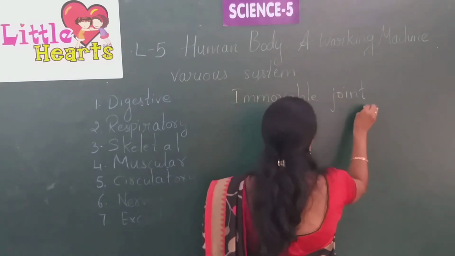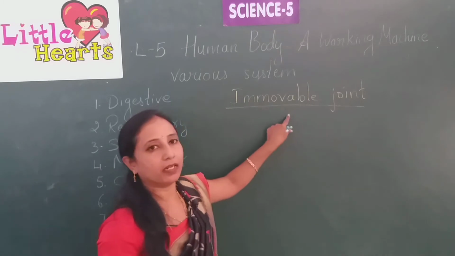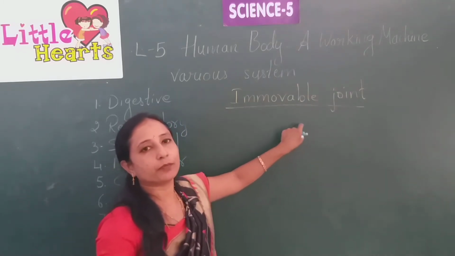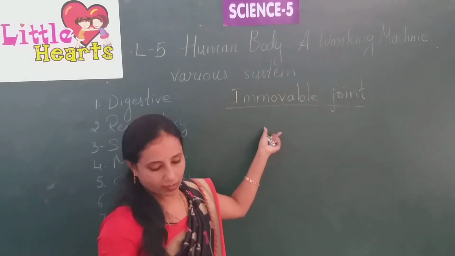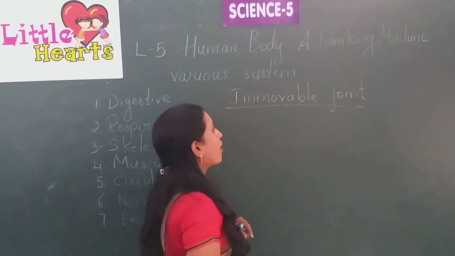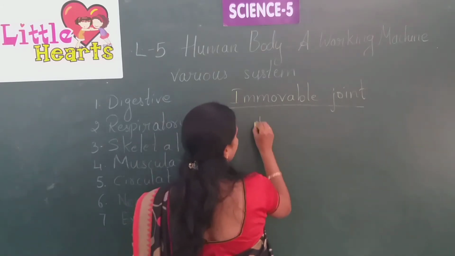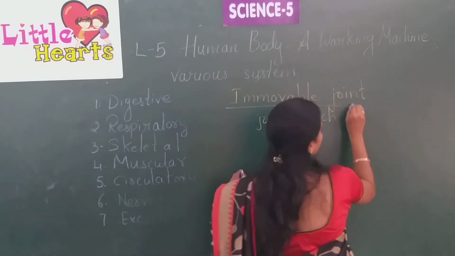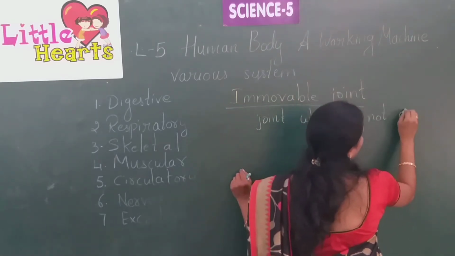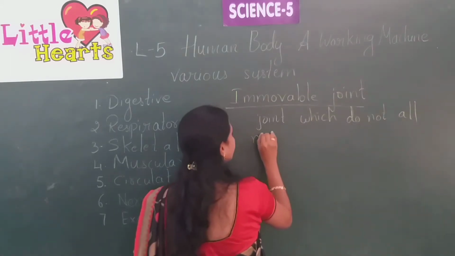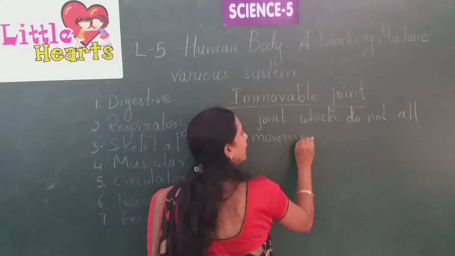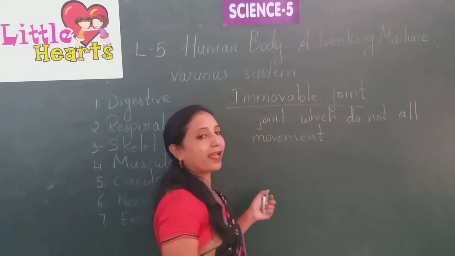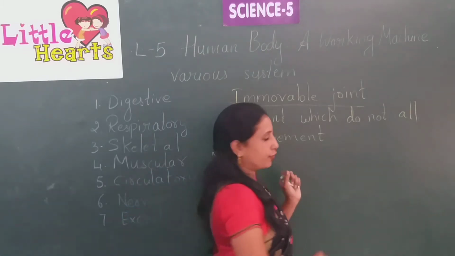Immovable joint. So what is immovable? Not able to move, or unable to move. So the joints which do not allow movement are known as immovable joints.